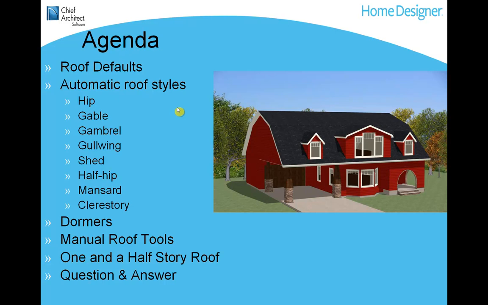Then we're going to take a look at our automatic roof styles, like I just mentioned, going through some of the more basic styles like hip and gable. Then we're going to take a look at some dormers, use our manual roof tools that are available in Home Designer Professional, and we'll finish up by doing a 1.5-story roof project.